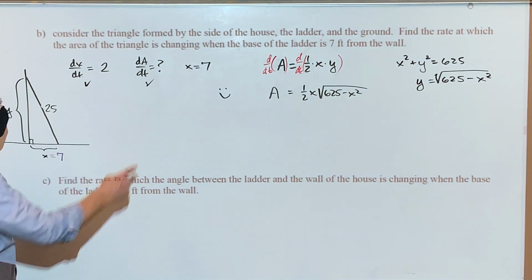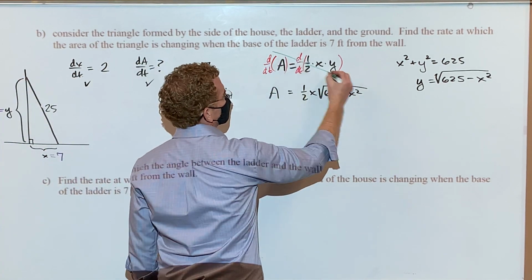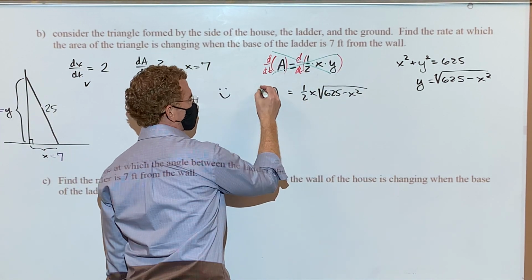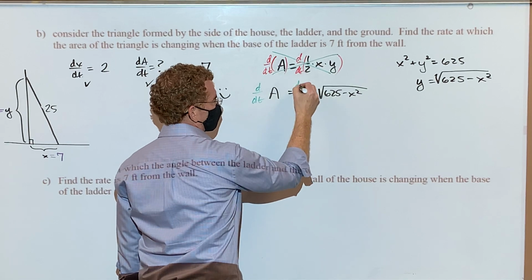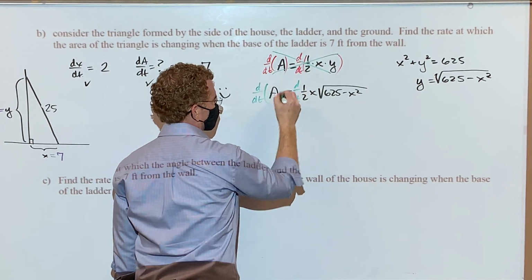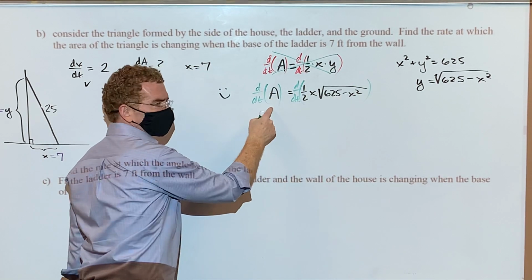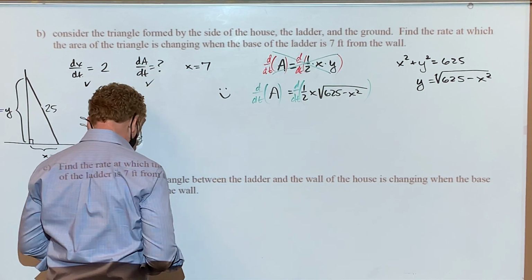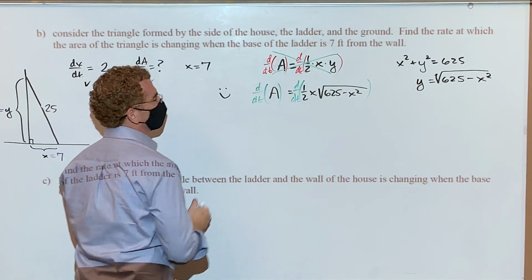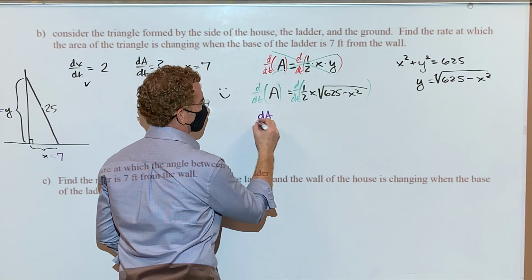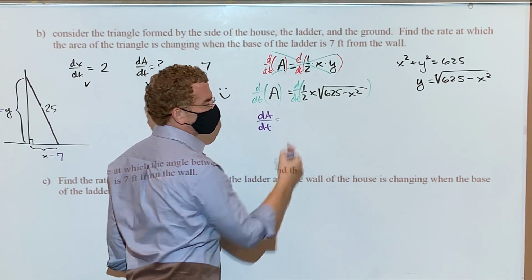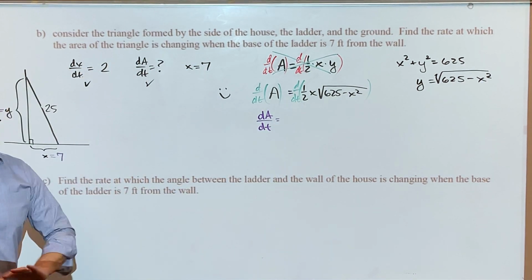So how would I now, rather than do this, since I've made a substitution, how do I d/dt this thing? Anybody? Obviously, the dA/dt there, and then what? Product rule. But at least this time when I do the product rule, I won't have a y in there.